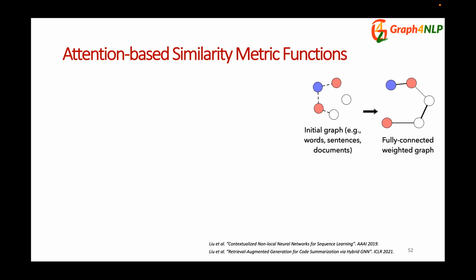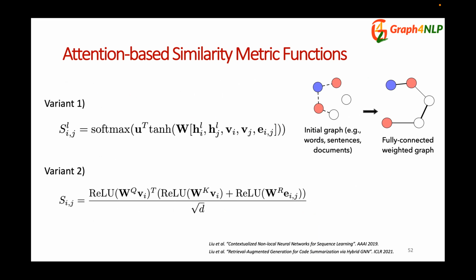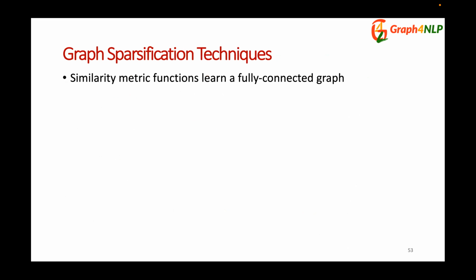Let's see two example metric functions belonging to this category. In these two variants, an attention-based function is applied, and notably, the edge embedding of the intrinsic graph, e_ij here, plays an important role in learning the implicit graph structure.